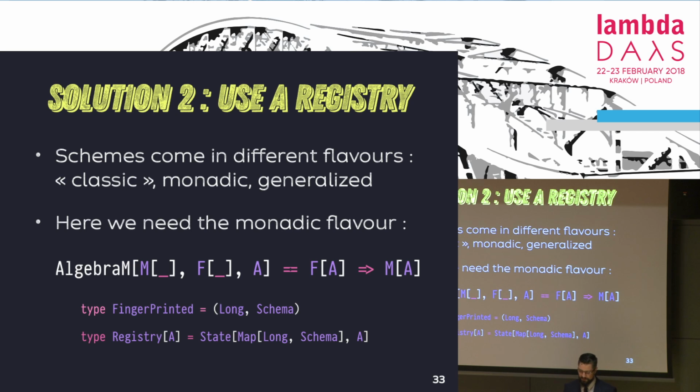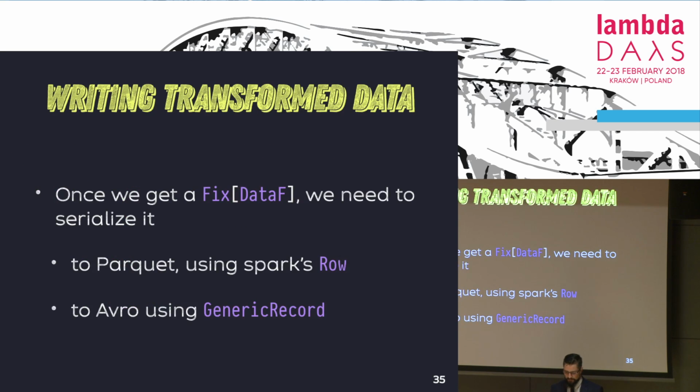So I'll skip that for a moment. And now we have a last thing to do, and it's to write our data that have been validated, so it's a Fix of Data F, to Parquet or Avro. So let's look at Parquet.